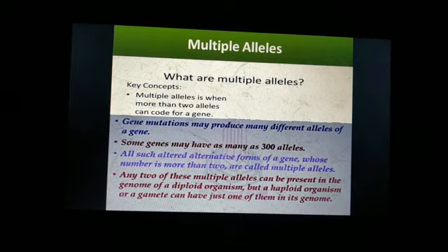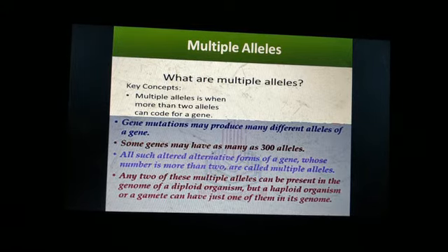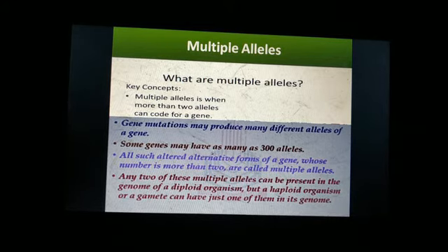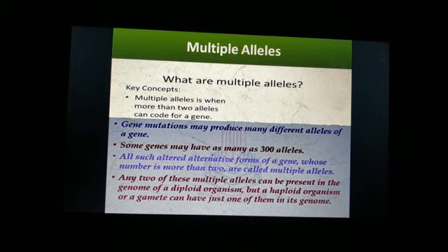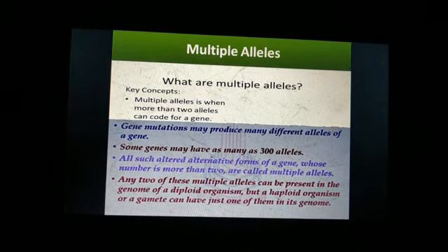All such alternative forms of a gene whose number is more than 2 are called multiple alleles. Any two of these multiple alleles can be present in the genome of a diploid organism.